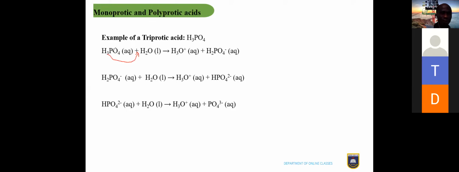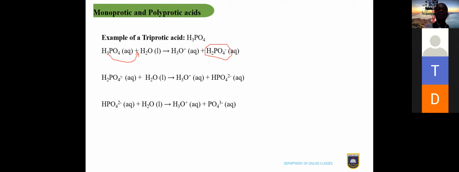Now, when the H3PO4 donates the proton to water, look at what is left. The H3PO4 is left with H2PO4 minus. That's what is left.